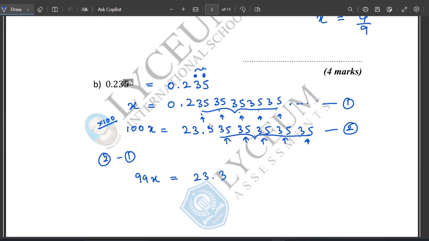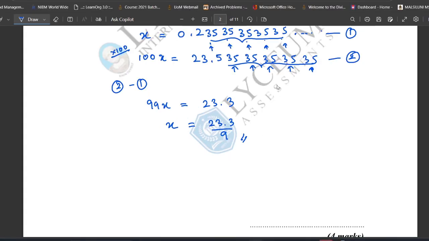Now when these two cancel out, I get x equals 23.3 over 9. There's a mistake in here. It should be 99, not 9.